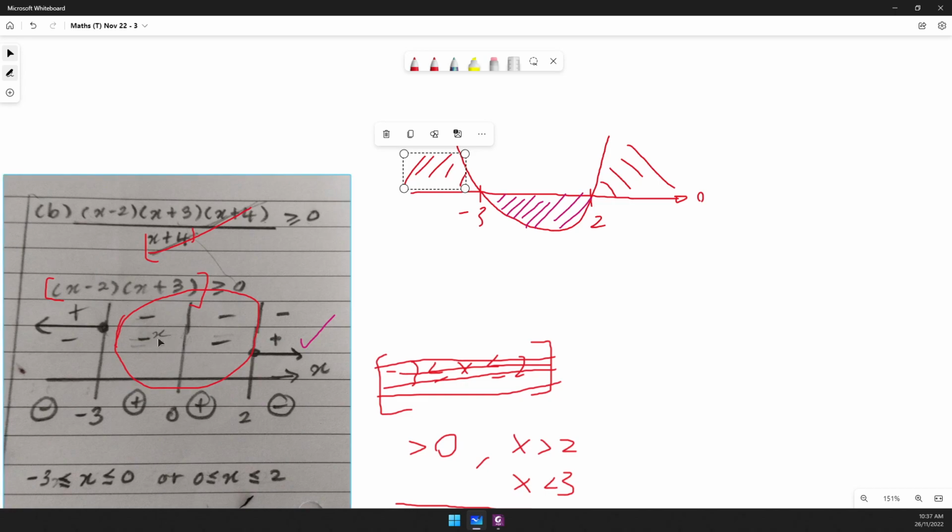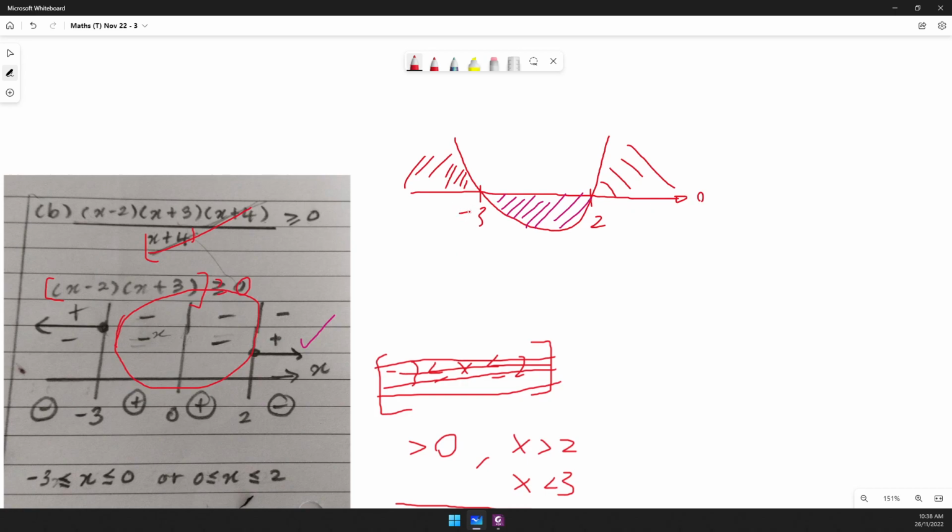Oh wait, let me see. It should be, but when you do shading, you don't use this left and right logic. Usually, when you do shading, that means you already know how the graph will look like. This is a quadratic graph, so you're only looking at what parts are more than zero.